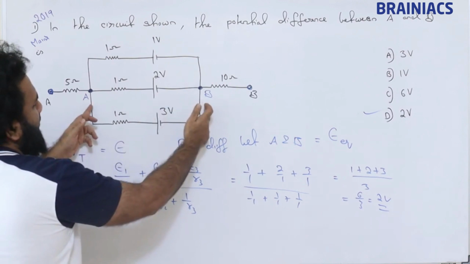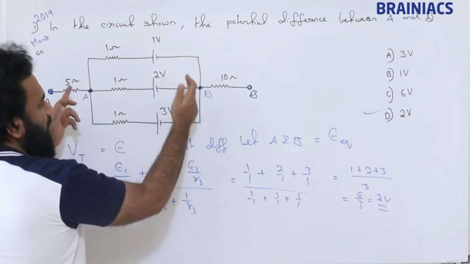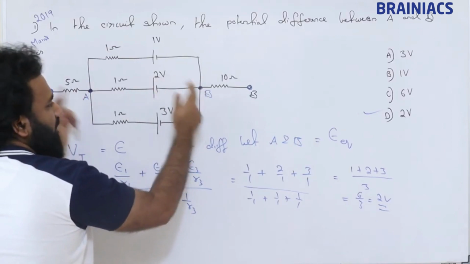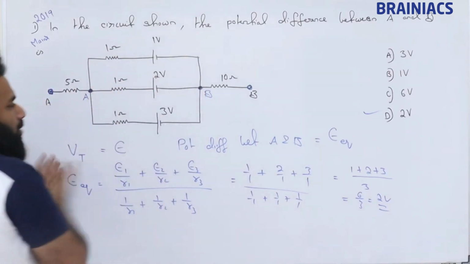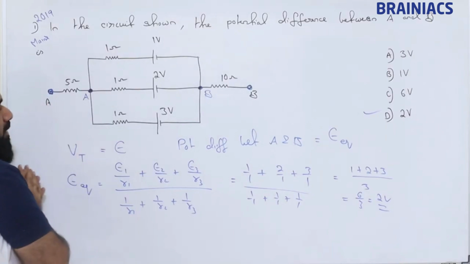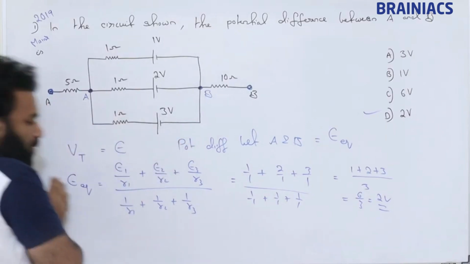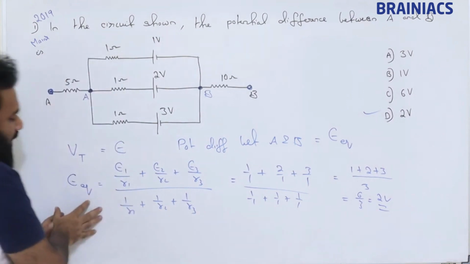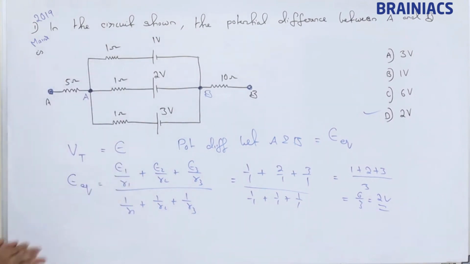The potential difference across the cell is nothing but the potential difference across the external resistance, and both are the same. Since no current is passing, the potential difference will be equal to EMF. So this is the formula for finding the equivalent EMF when the circuit is parallel.